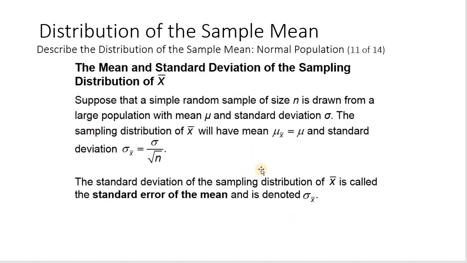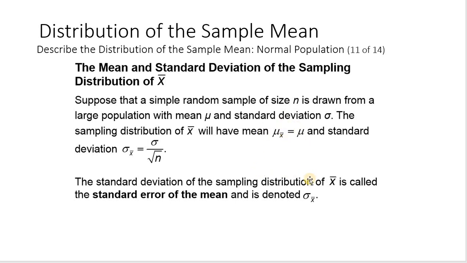So we can come up with a formula to compute the mean of the sample means and the standard deviation of the sample means. By computing the mean of the sample means and the standard deviation of the sample means, we're basically creating the sampling distribution of the sample mean.